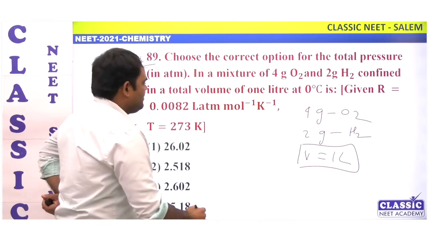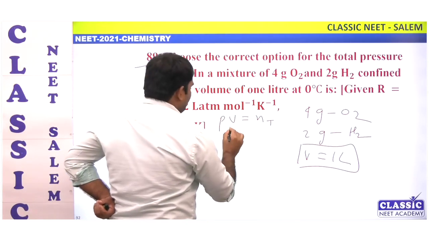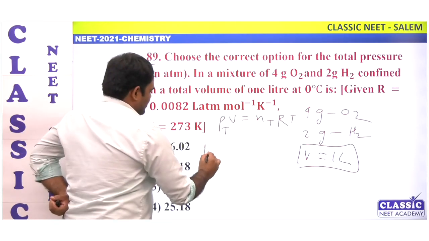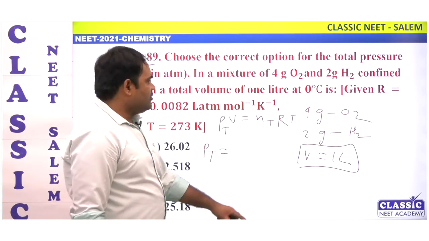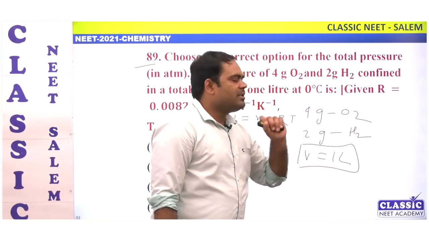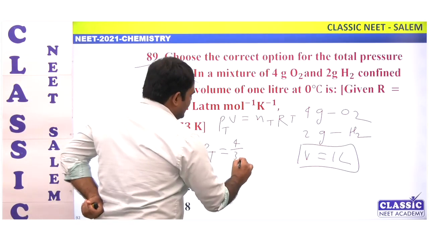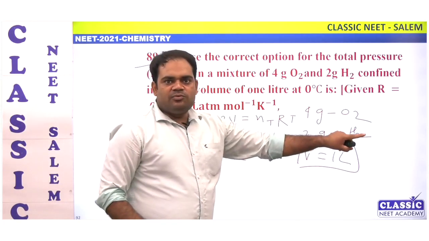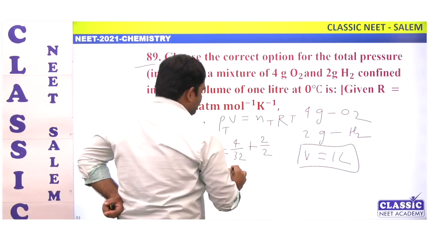So we can apply the formula PV is equal to n total RT. So we want to find out the total number of moles. So number of moles of oxygen plus number of moles of hydrogen. So 4/32, 4 gram of oxygen and its molecular weight is 32. So 2 gram and its molecular weight.